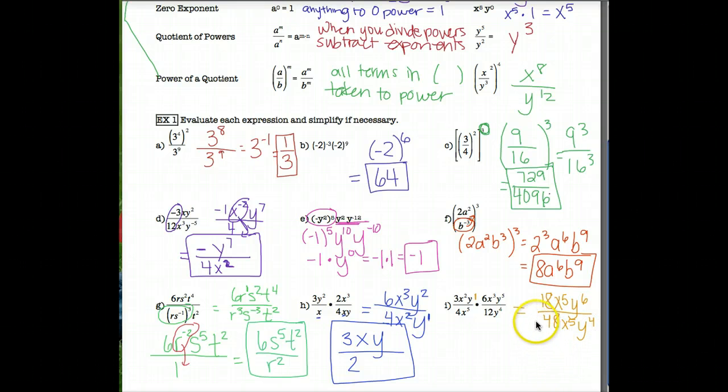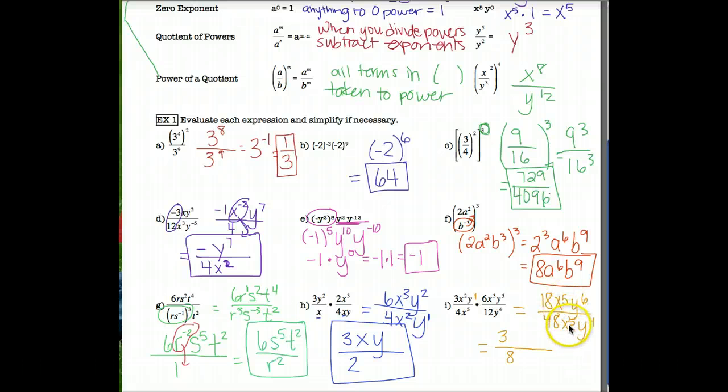And now I just need to reduce. So when I'm looking at these, remember I want to find the biggest factor that divides both of them. So I believe that that is 6. 18 divided by 6 is 3. 48 divided by 6 is 8. So that reduces to 3/8. Then I've got x to the 5th in the top and x to the 5th in the bottom.